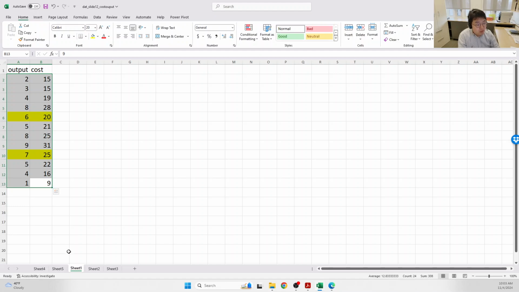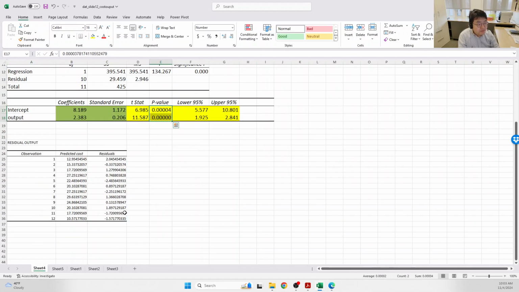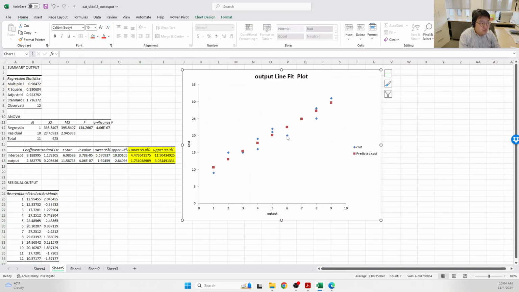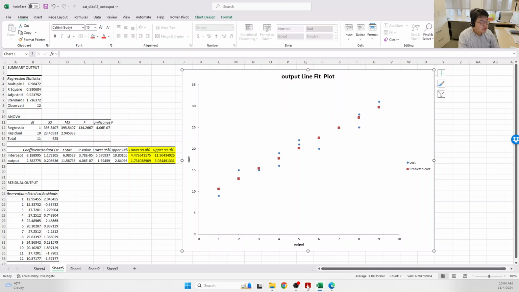And remember, we already have the residuals here. For each observation, we can recalculate the predicted cost, and the difference between the prediction and the actual observation becomes the residual. The differences between the red and the blue dots imply the residuals.